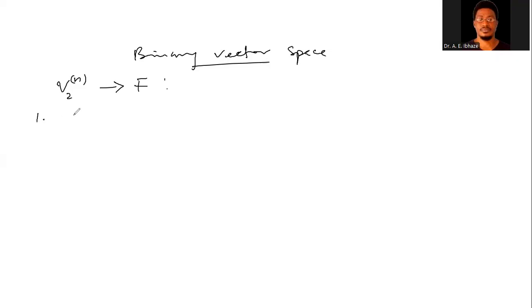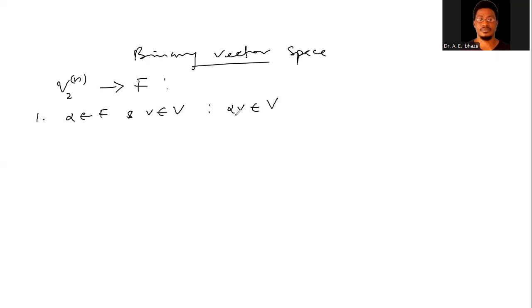So the first is that when alpha, for instance, is an element of this field, and V is also an element of the vector space, should we take the product of alpha and V, it must also be an element of the vector space. Okay?